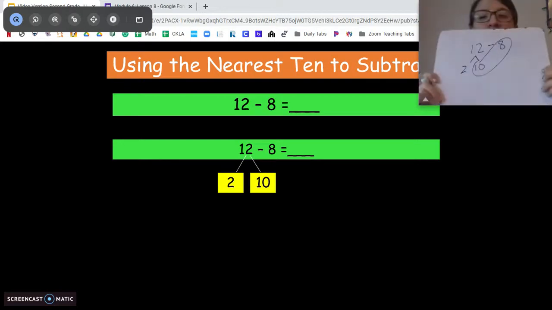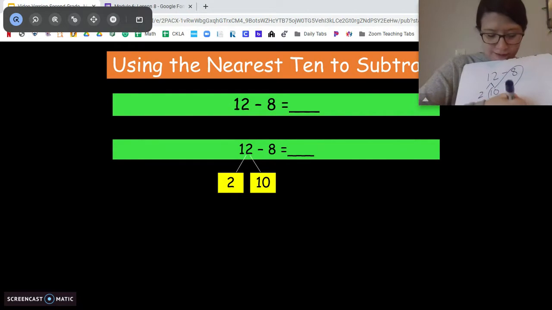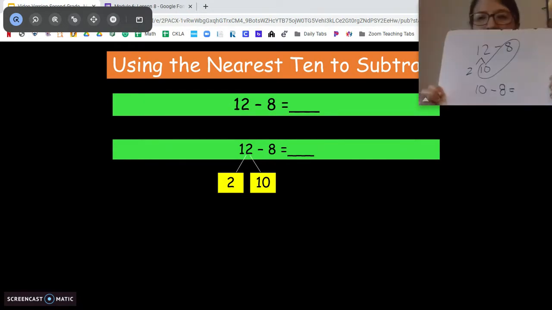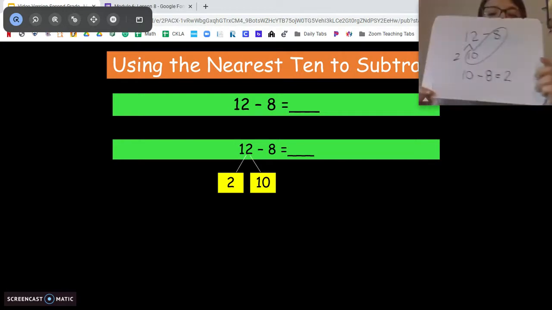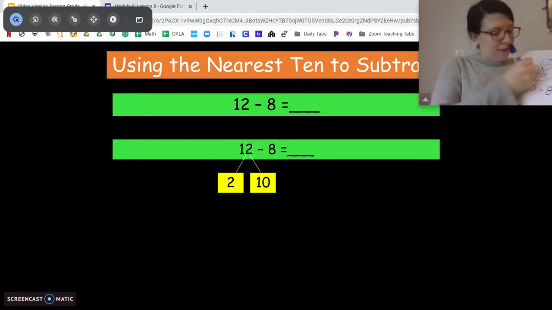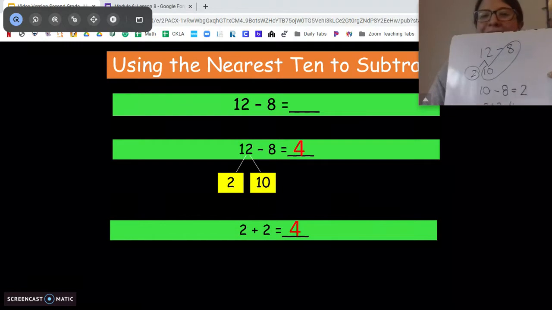Now, instead of subtracting 10 minus 9, we're going to subtract 10 minus 8. 10 minus 8 gives us what? Beautiful. Now we're going to add our 2 back into our other 2, and we get 4. Awesome job.